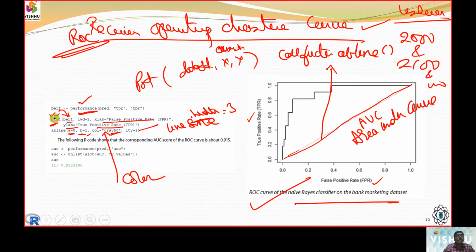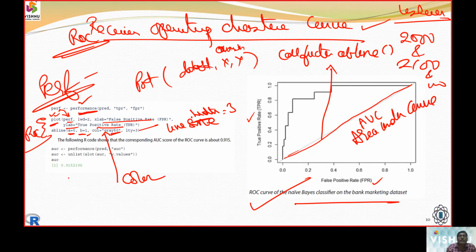The original value was at PERF, and to visualize the PERF, we are going to draw it. So the ROC value was originally stored in performance, and it is going to be visualized in the form of a graph, that is, a ROC. We are going to call the plot function.